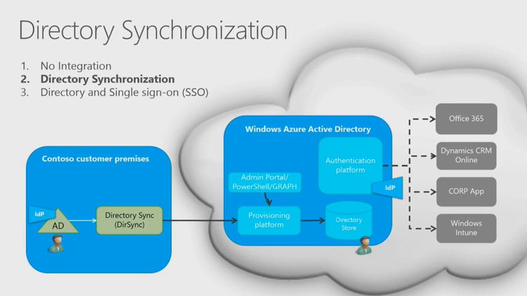The thing to point out right now is that this is one way, right? There is no, hey, I changed this guy here, let me go back. No, that is not going to happen. It is one way, and to date, it does not do password synchronization. So you've got the same synchronized user database using the same domain name across both sites, but the password policy at this time anyway is going to be different. And we'll talk about some options on how that can be different in a little bit.